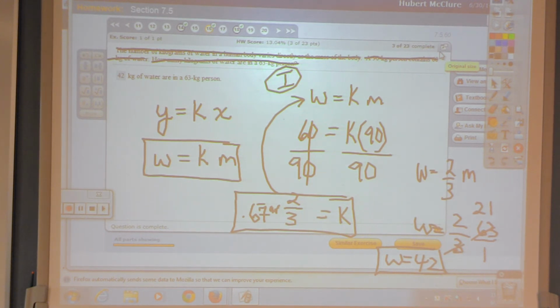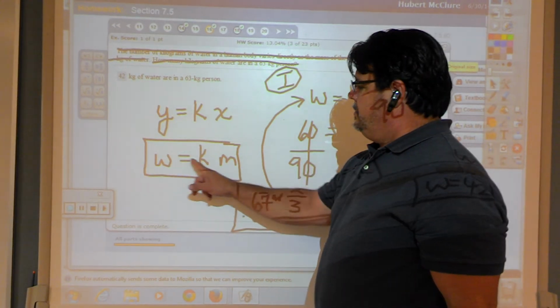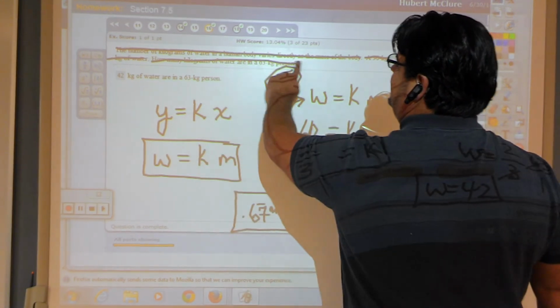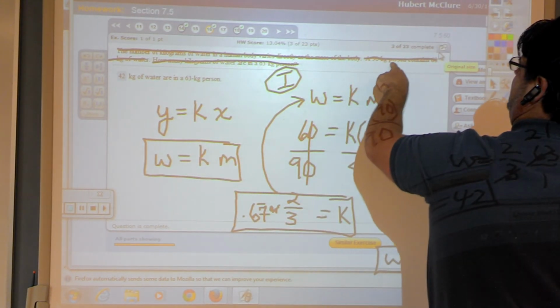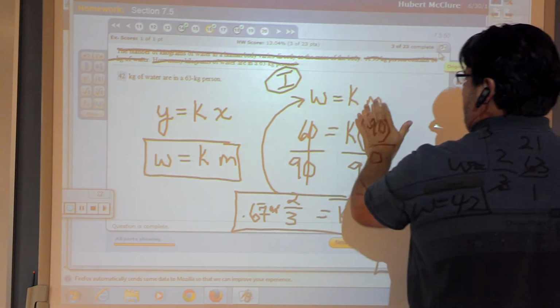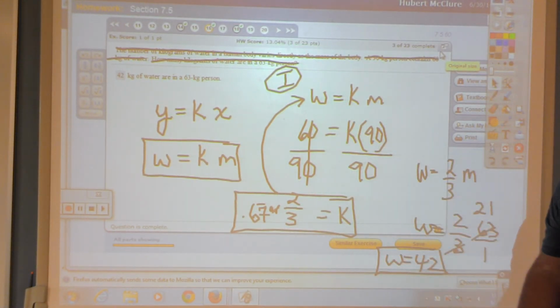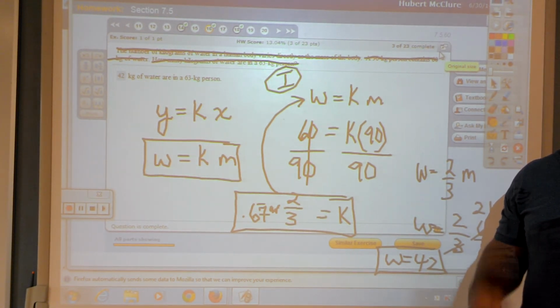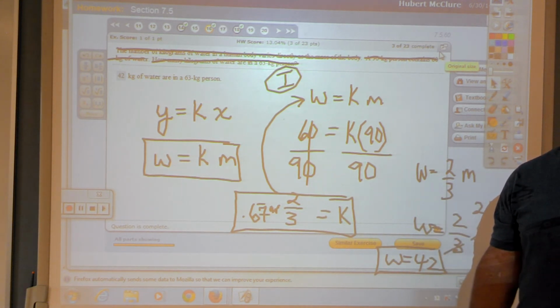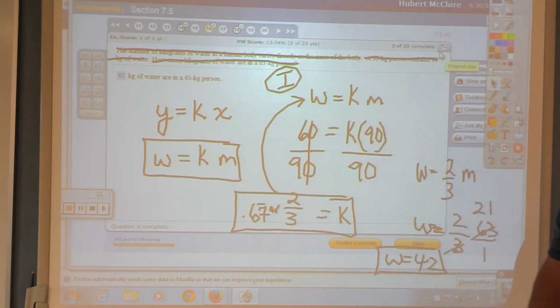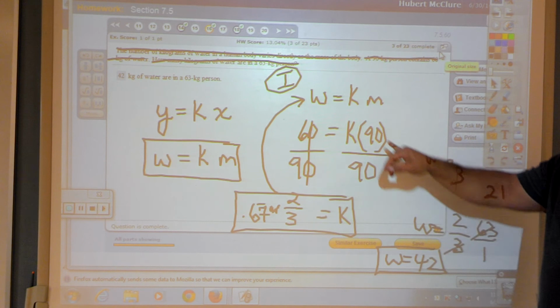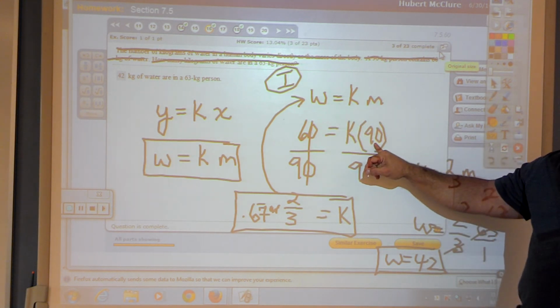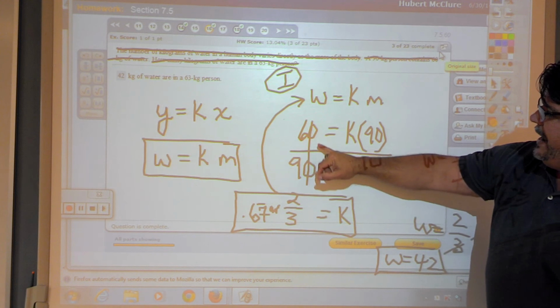You write it just like that, and then you change the variables. W is equal to k times m, and it says up here, a 90 kilogram person. Well, what is kilogram person? Is that mass or is that water? That's mass. That's what you weigh. Now, some physics teachers will fuss at me for saying that because weight is mass times gravity. So you plug in mass as 90 and you plug in the water as 60.